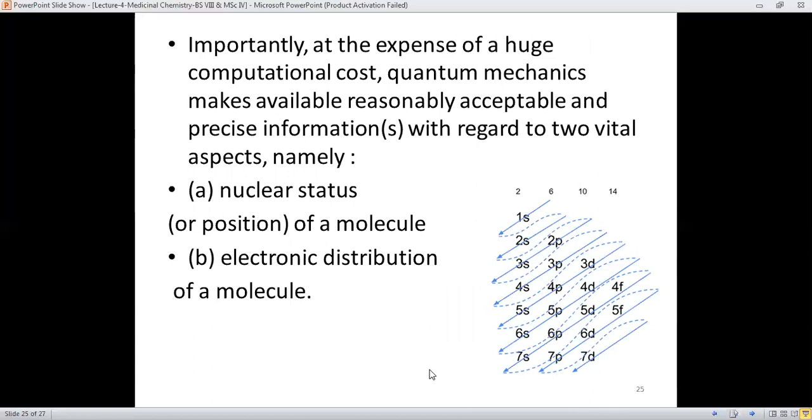And what are these two vital aspects? They are the nuclear status, what's the position of the molecule, and the electronic distribution, what type of molecule is there, how the electrons are distributed in this pattern.